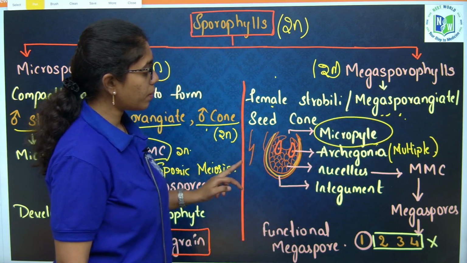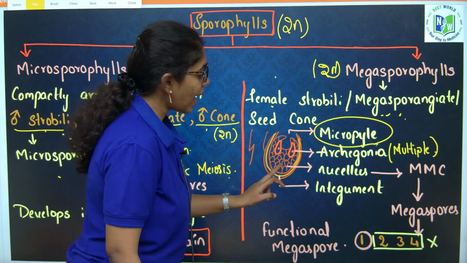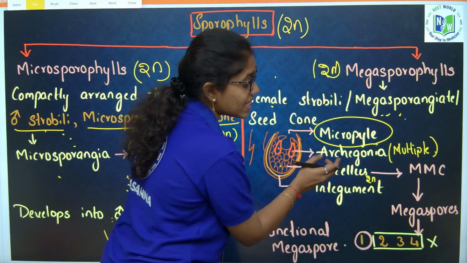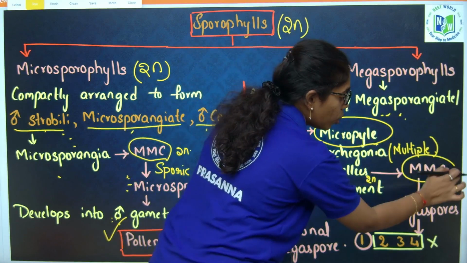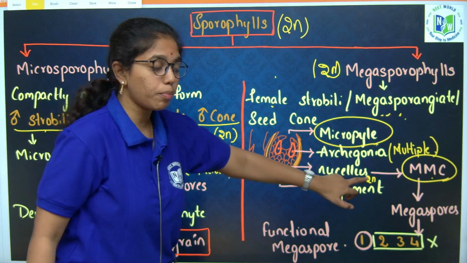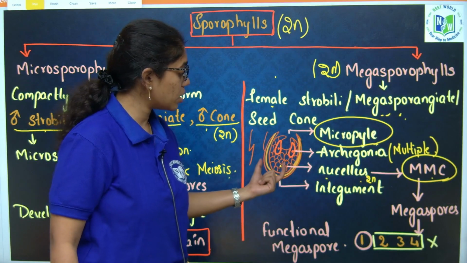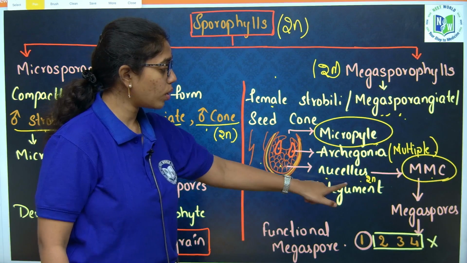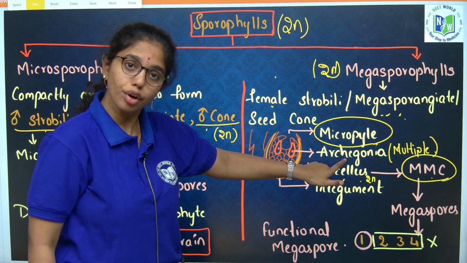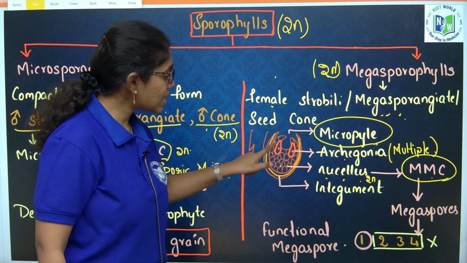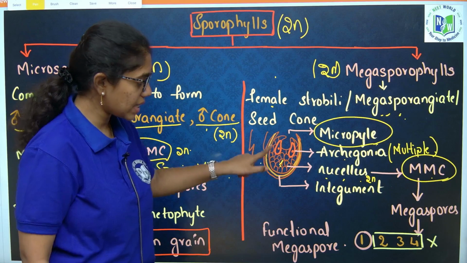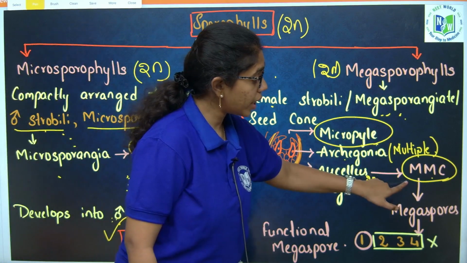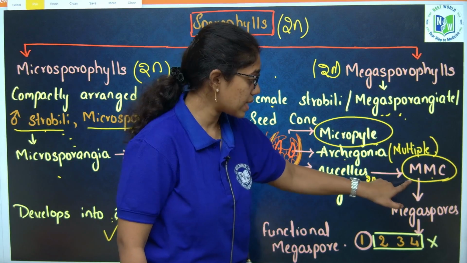It is called what? Micropyle. And it has nucellus. One of the cells in the nucellus gets differentiated into the megaspore mother cell. Nucellus is diploid, right? Yes, when the seed cone is diploid, everything present inside the seed cone is diploid. Archegonia is also diploid. So one of the nucellus cells present inside the seed cone will get differentiated into the megaspore mother cell.